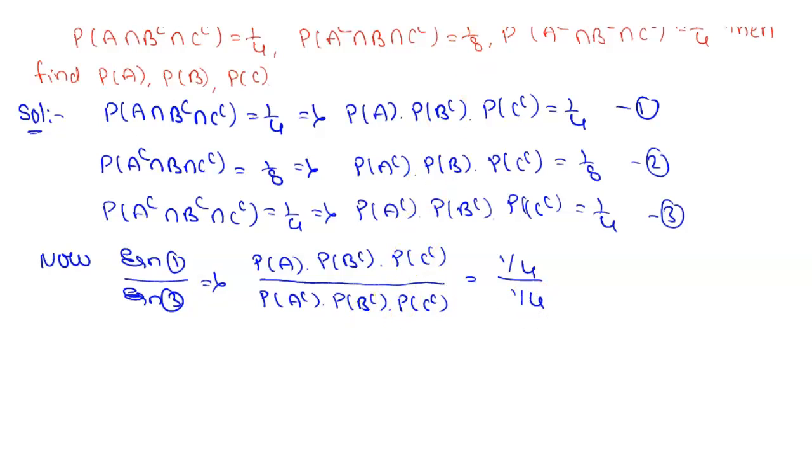So here we can cancel P of B complement with P of B complement and P of C complement with P of C complement. This 1 by 4 and this 1 by 4 will get cancelled out.